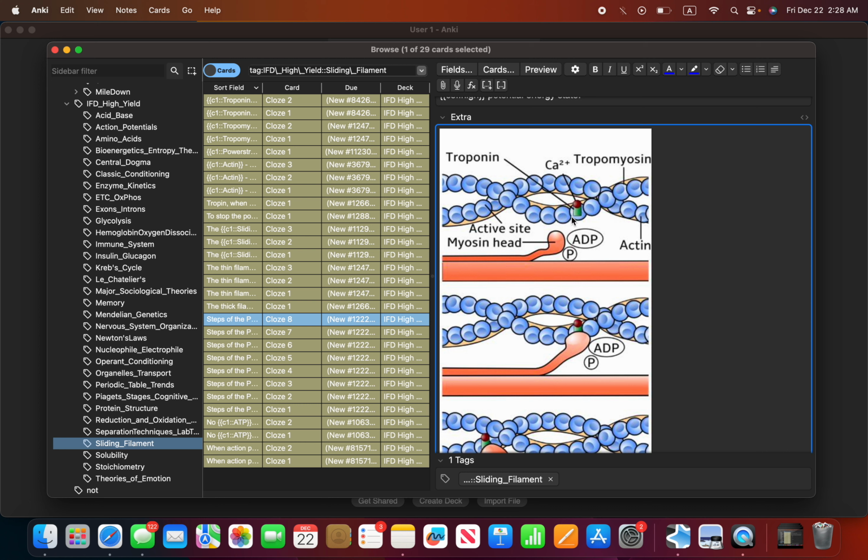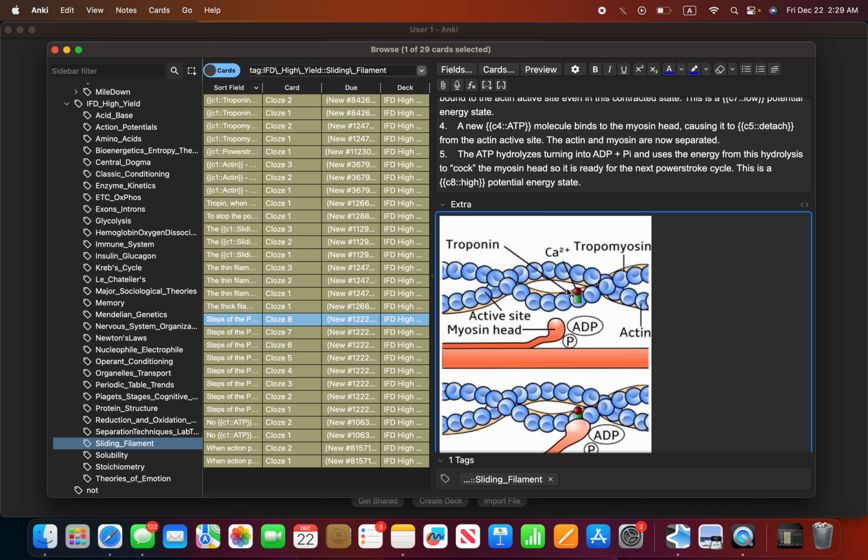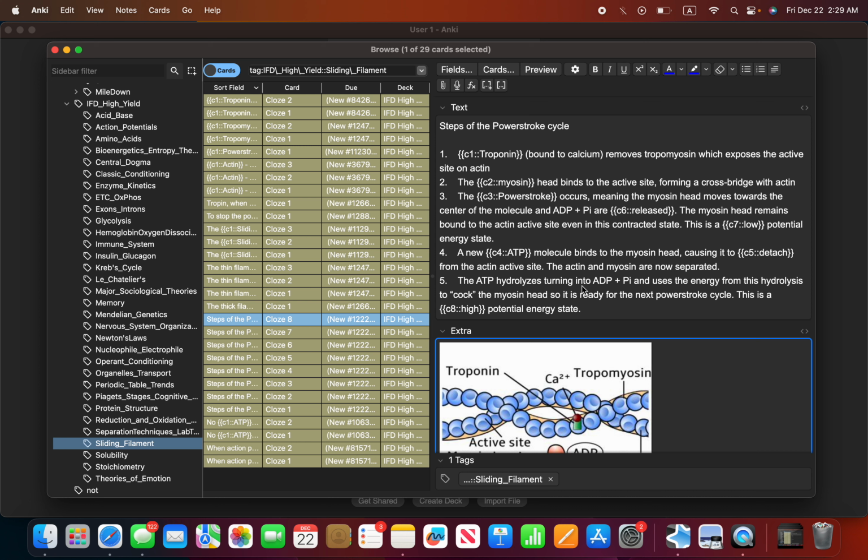Interesting. So it all starts with the active site being exposed. You can see here that the active site is exposed. And when the new ATP attaches to the myosin head, it detaches the myosin head from the actin active site. So the actin and myosin are now separated.